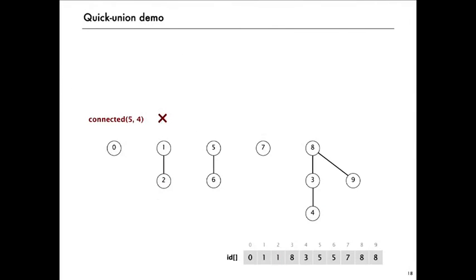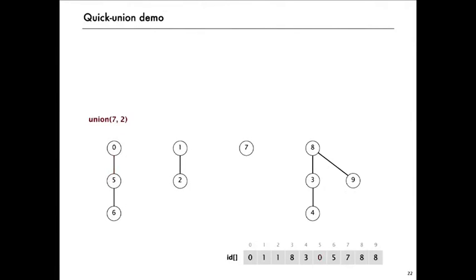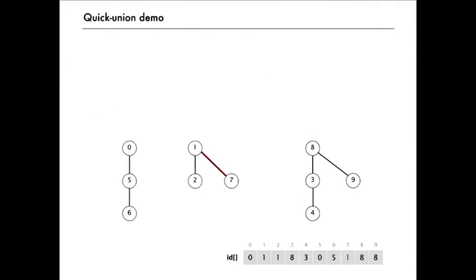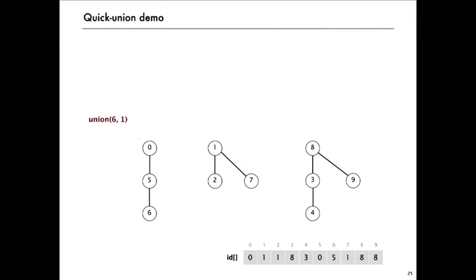5 and 4, 4's root is 8, 5's root is 5, they're different, so they're not connected. 5 and 0, 5 goes to be a child of 0. 7 and 2, 7 goes to be a child of 2's root, which is 1. 6 and 1, 6's root is 0, 1 is its own root, so 0 becomes a child of 1.